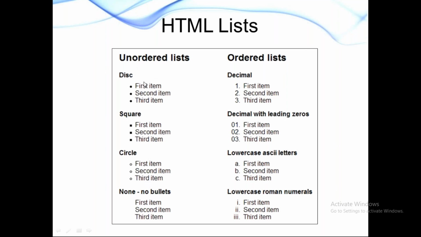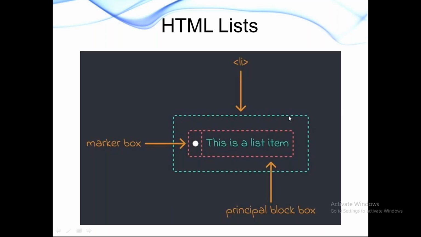So for unordered list, you have these four options. And for ordered list, you can display the list using decimal numbers, decimal numbers with leading zeros, lowercase alphabets, uppercase alphabets, Roman numerals, etc. And you can control the appearance of the list using style sheets, CSS.